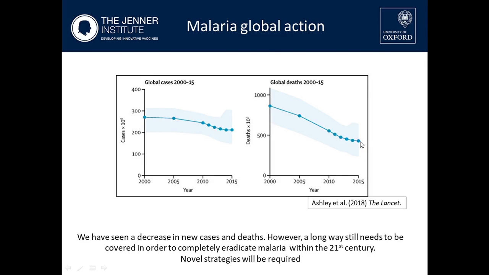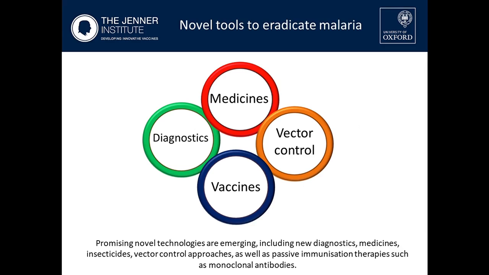However, if we want to completely eliminate this disease within the 21st century, novel strategies will be required. And the scientific community is developing novel technologies to tackle this disease.